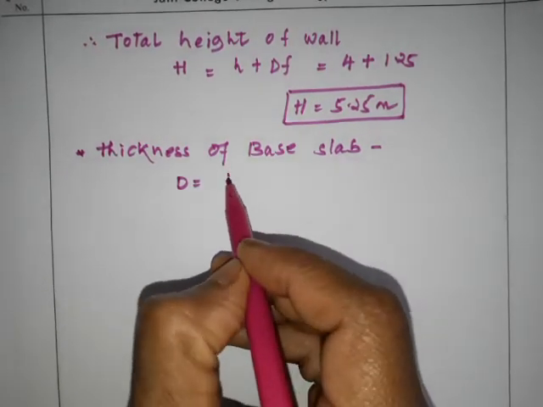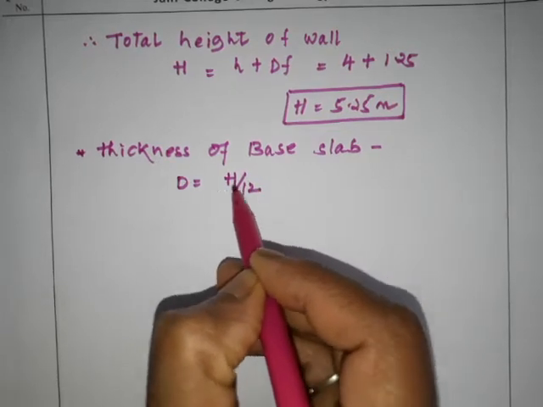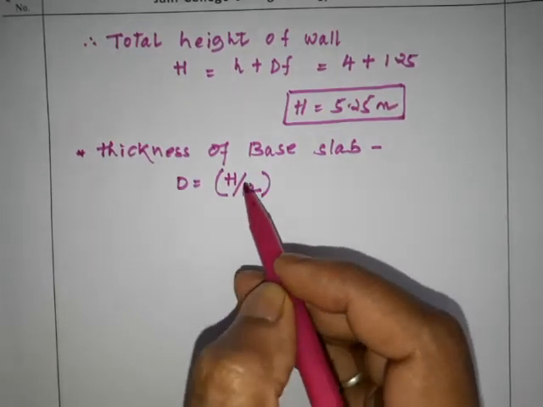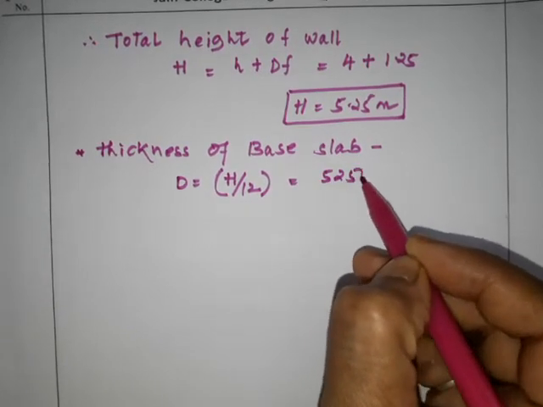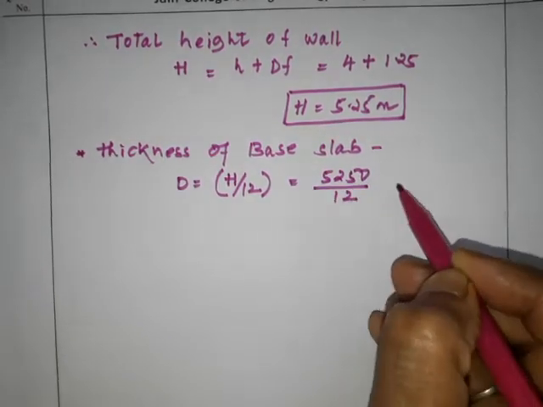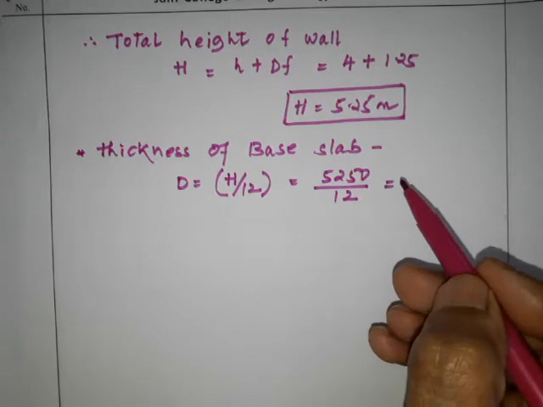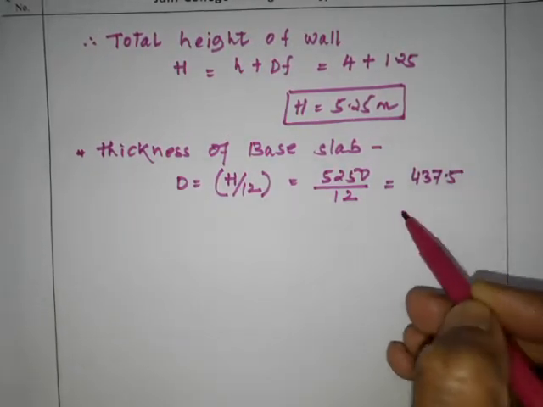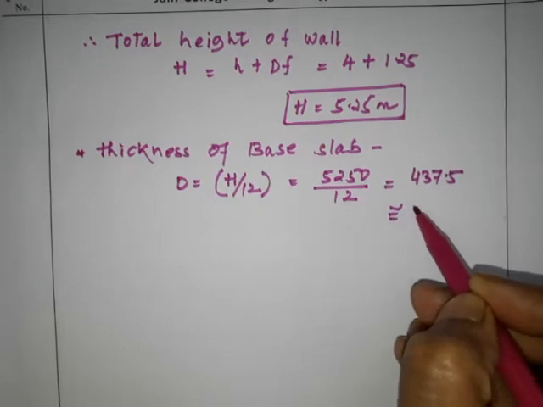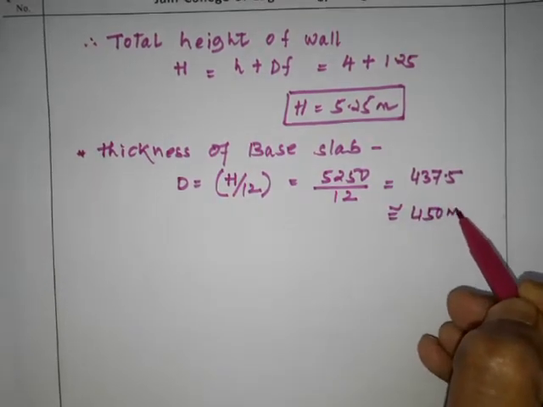As per thumb rule, it should be H by 12. So the total height is 5250 divided by 12. Okay. So we will get this as 437.5. So we will round figure to 450 mm.